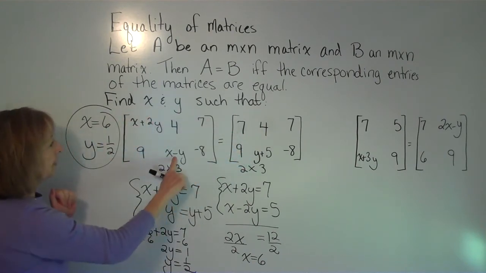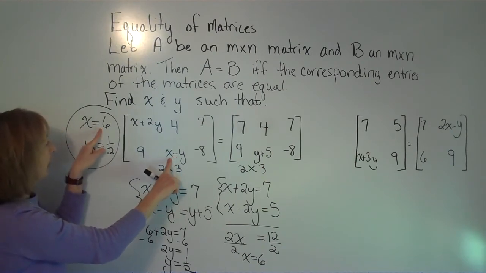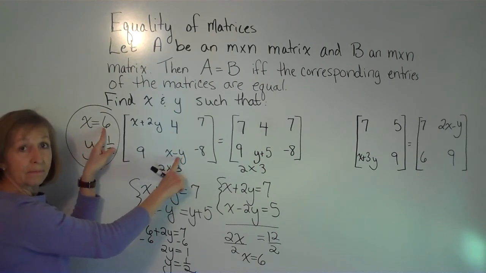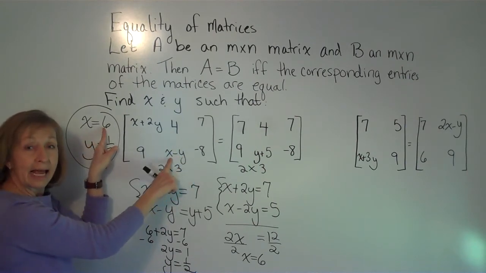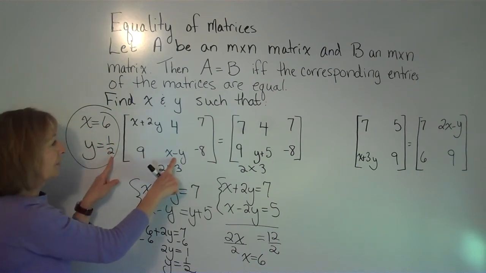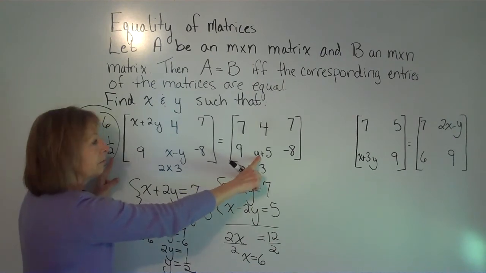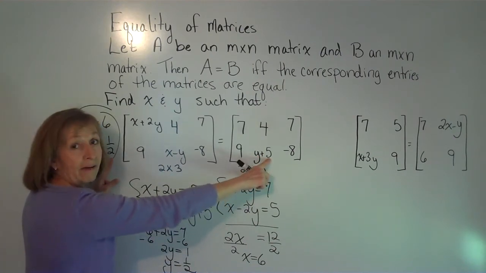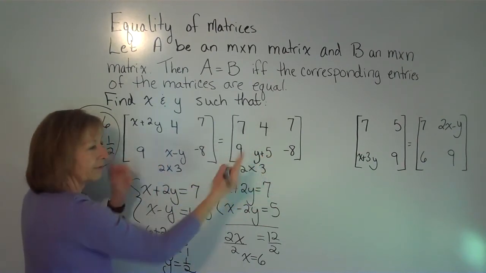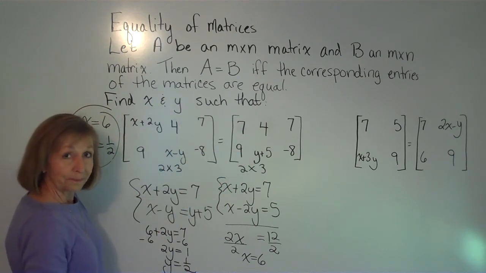And then if you, in the other spot where there's letters, put in your 6 for your x and your 1/2 for your y, well, 6 minus a half, think of 6 as 12 halves, minus 1/2 is 11 halves, and then plug in your 1/2 for your y here. 1/2 plus 5 will make that 5 into 10 halves, so 1/2 plus 10 halves is 11 halves, so 11 halves would be in both of those spots. So definitely it would make those equal.